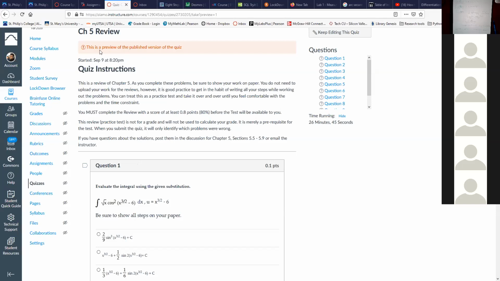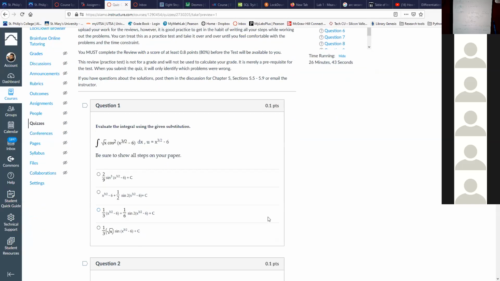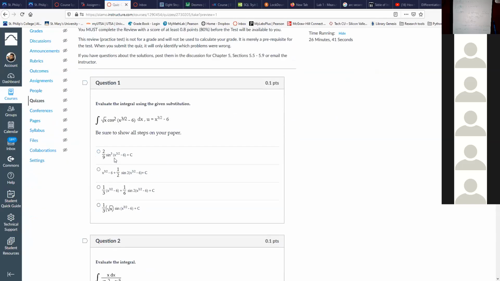Okay. You guys see this? This is when you open the review, it's going to look like this, similar to how your exam is going to look. So you're given a question, and you just start showing all your steps on the paper. Don't worry about this. Maybe it can help you, but if your answer doesn't look exactly like this, who cares? If you show your work and it works out, just stop, right?